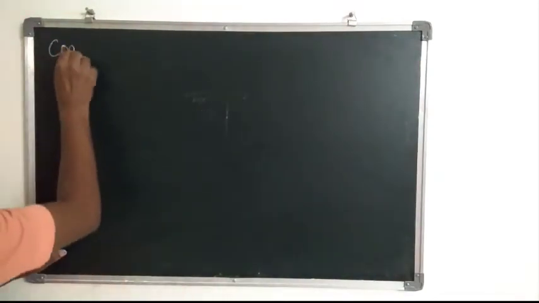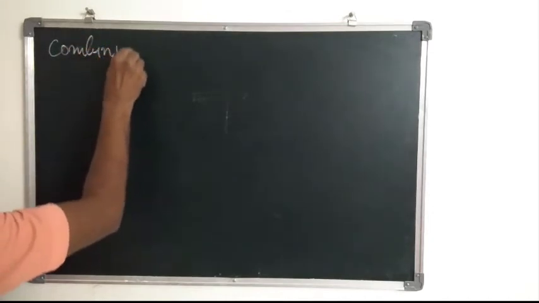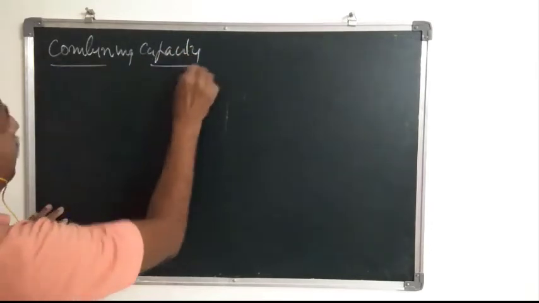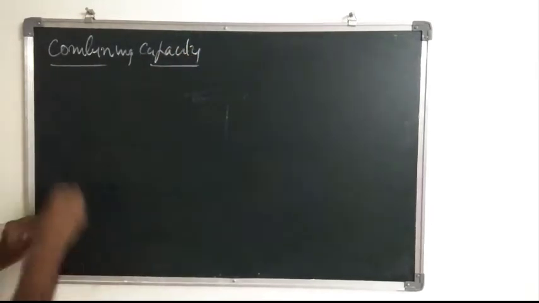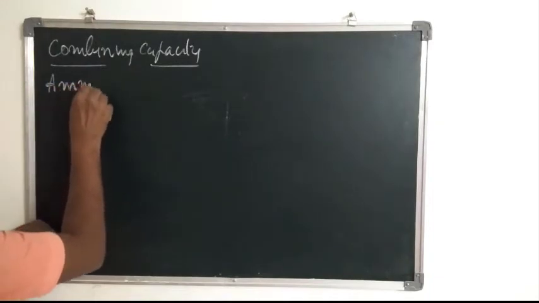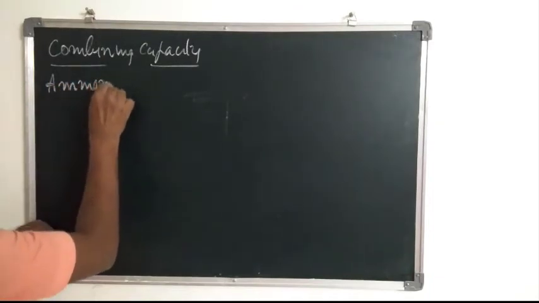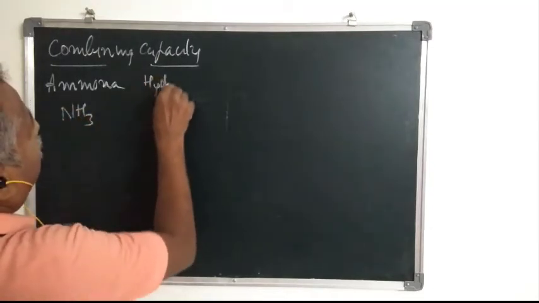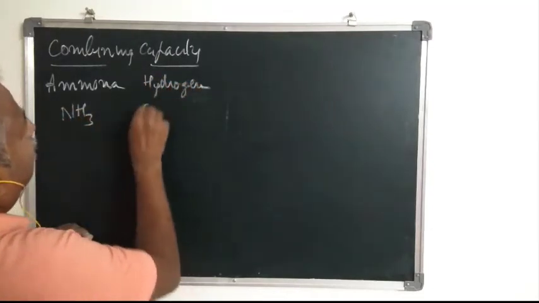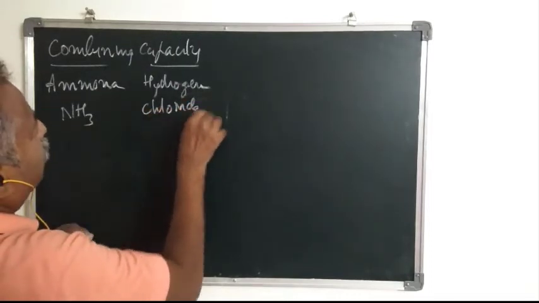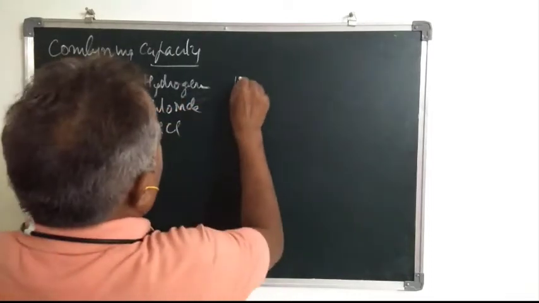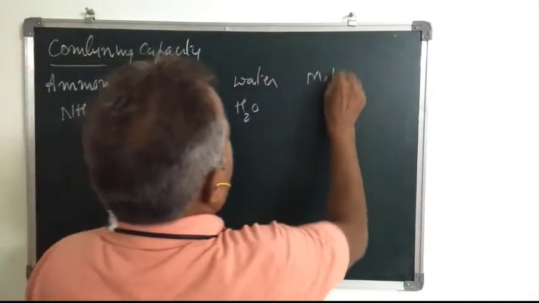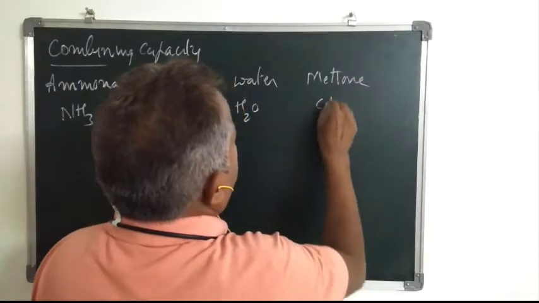Now let us see combining capacity. Now let us take some examples. Ammonia, NH3, hydrogen chloride, HCl, water, H2O, methane, CH4.